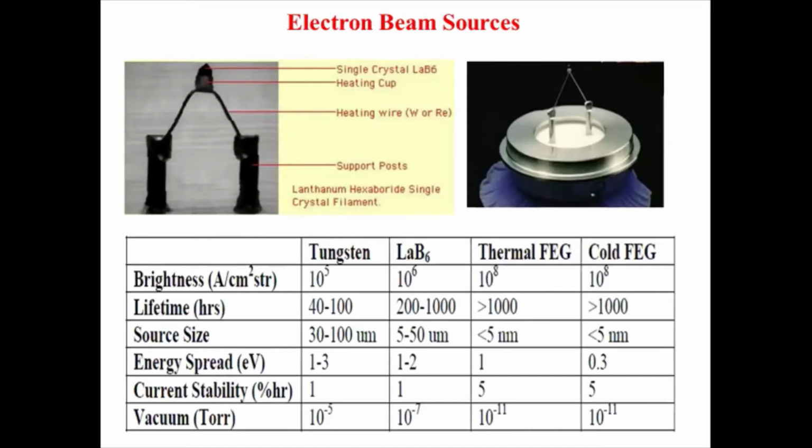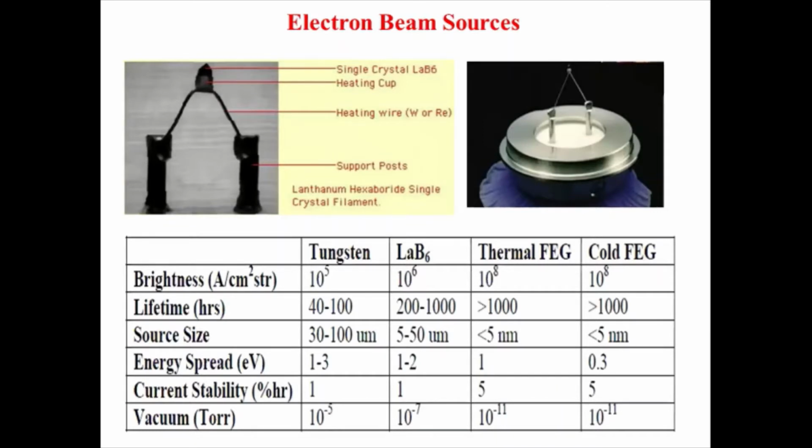This is one of the parameters of concern in the context of resolution. Resolution also depends on what is the bandwidth, or what is the delta lambda in the source, or spread of wavelength in the given source, or spread of energy in the given source.